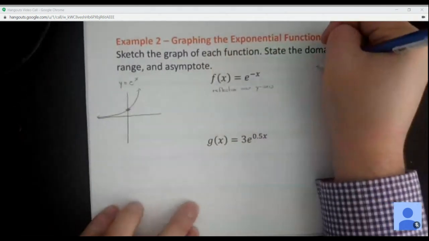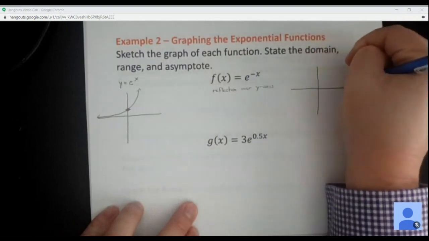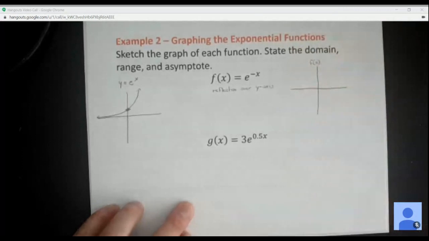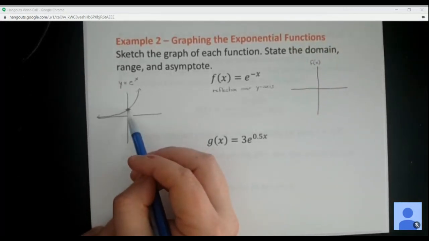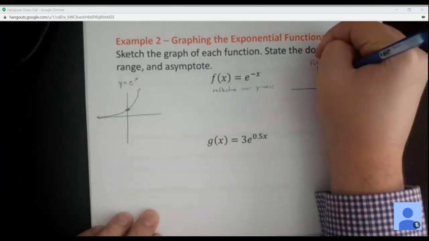So now let's think about what that graph would look like if I were just to reflect it over the y-axis. We got f of x. So, is anything going to change about my y-intercept? No, right? So the y-intercept's still going to be at 0, 1.